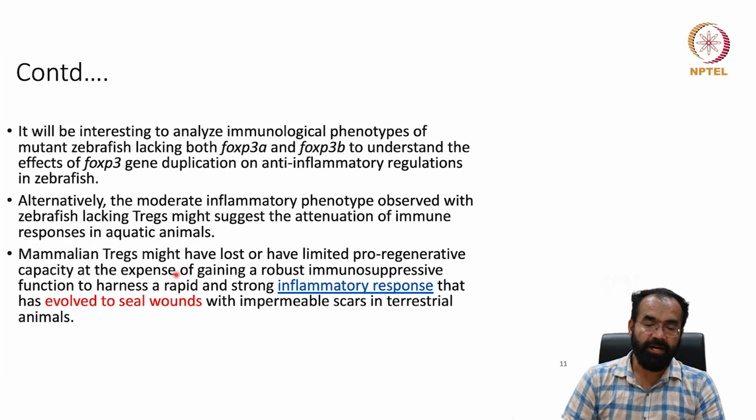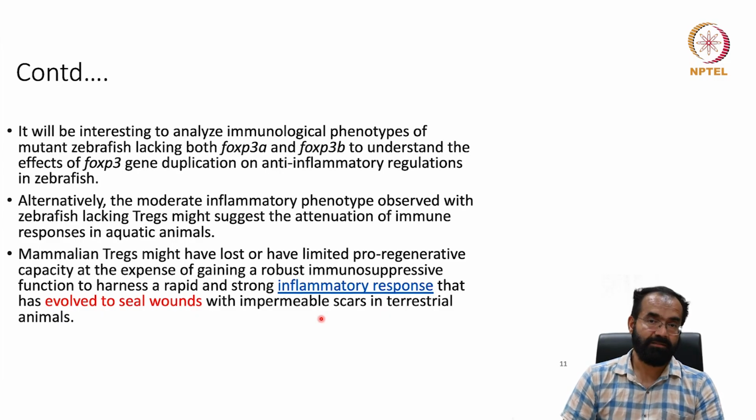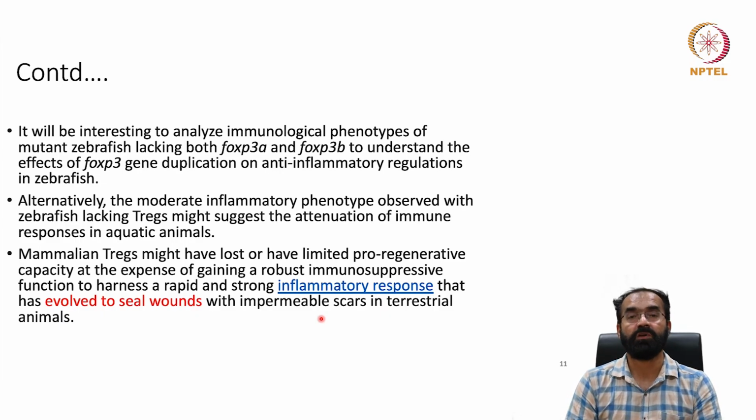Mammalian Tregs might have lost or have limited pro-regenerative capacity at the expense of gaining a robust immunosuppressive function to harness rapid and strong inflammatory response that has evolved to seal wounds. If there is an injury, forget about regeneration, seal the wounds with impermeable scars in terrestrial animals because they are more vulnerable to wear and tear.